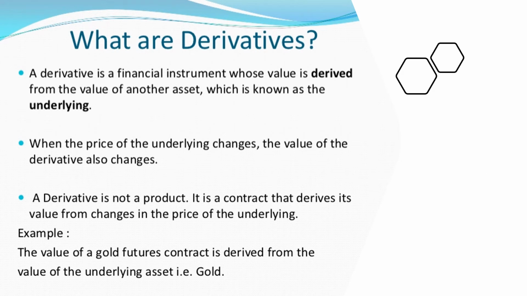Derivative instruments. A derivative is a contract between two parties which derives its value or price from an underlying asset. The most common types of derivatives are futures, options, forwards and swaps.